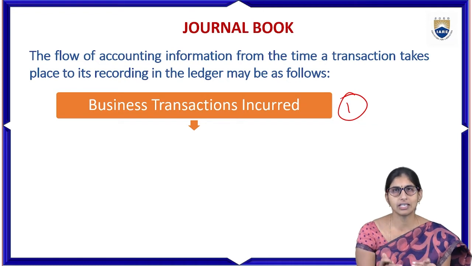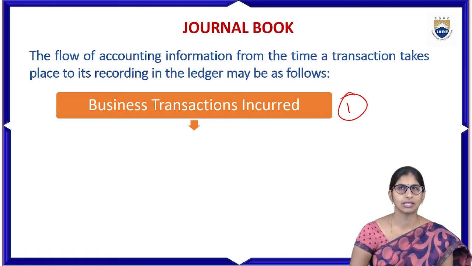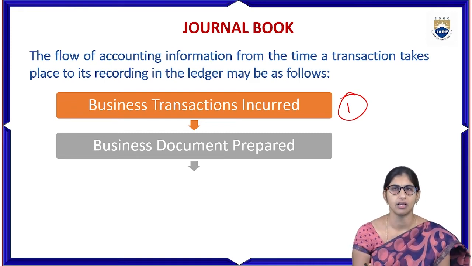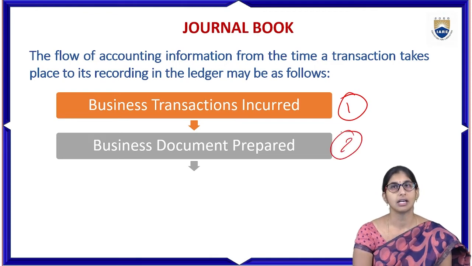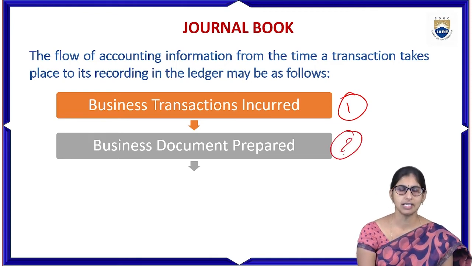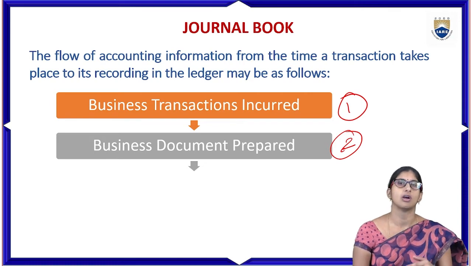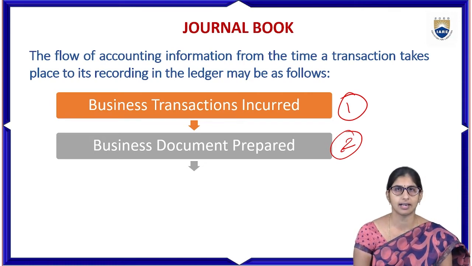Then this transaction has to be recorded in the books of accounts, which we call bookkeeping. It has to be documented properly, and a document has to be prepared. This is the second stage. The third stage is putting this transaction into the form of an entry, where we differentiate what is debit and what is credit.